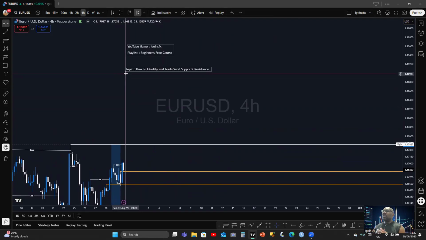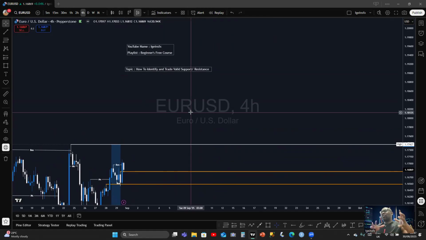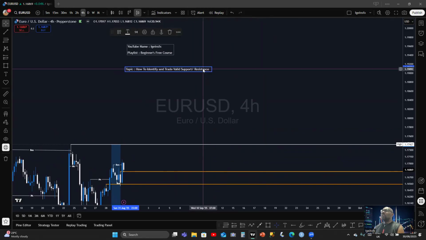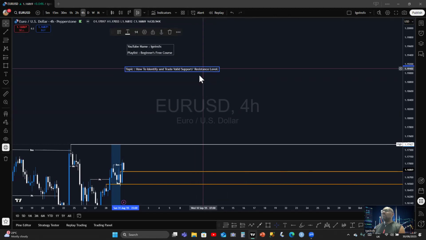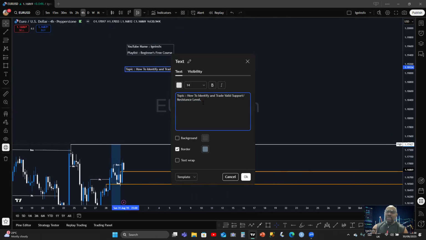All right, so today's topic is how to identify and trade valid support and resistance levels. You must know how to identify and also know how to trade support and resistance levels. Now, you might ask, what is a support level? And what is a resistance level?